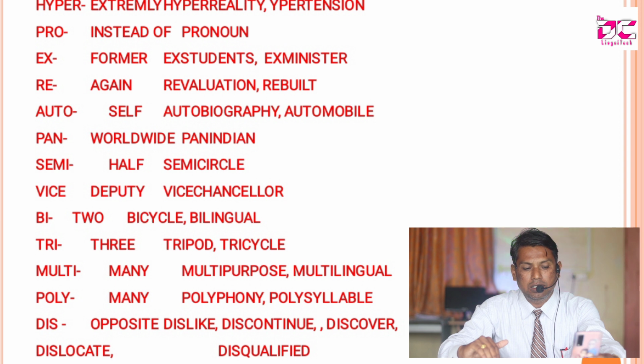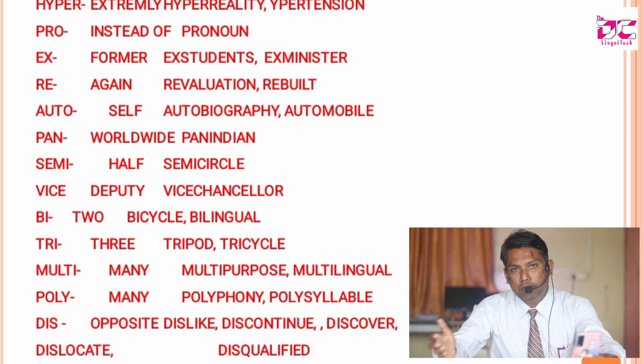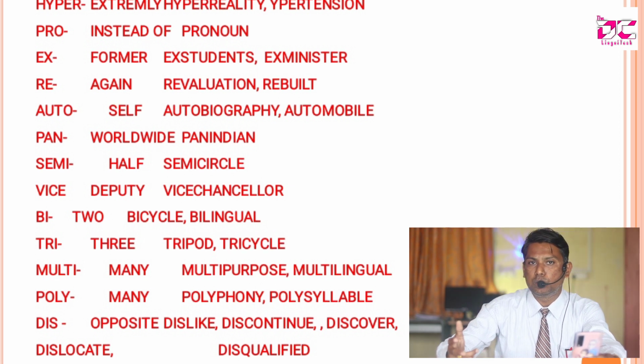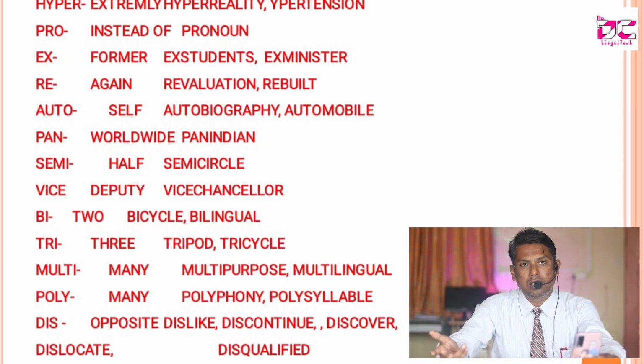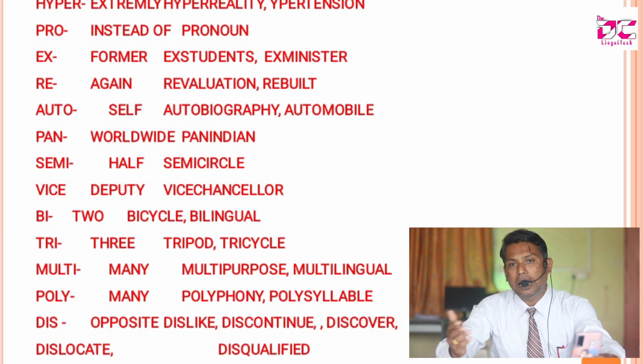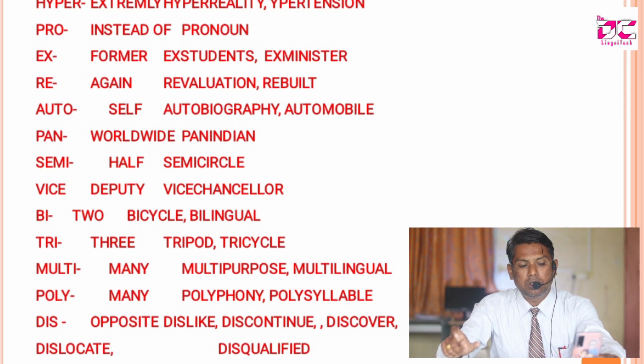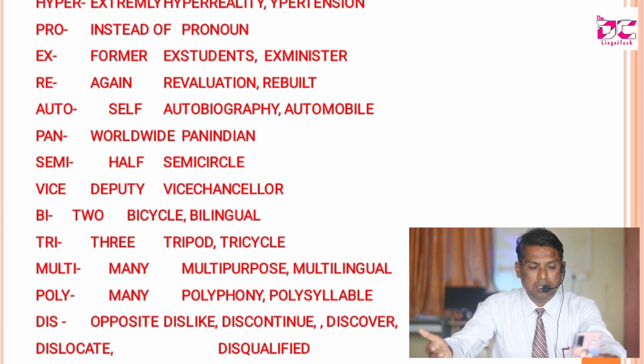Let's see another, like numbers. Bi. Bi is a number prefix. When you say bilingual, bi means two. Lingual is languages. Somebody who speaks two languages is called bilingual. Or you can say bicycle. So bi means two, cycle means cycles.